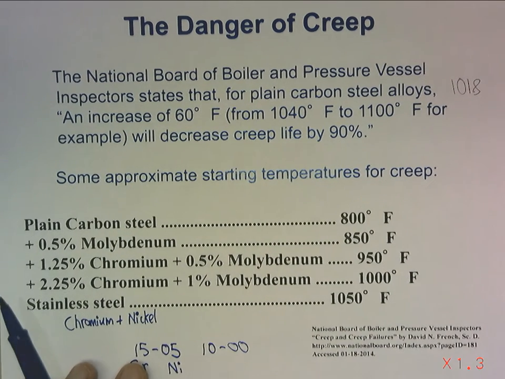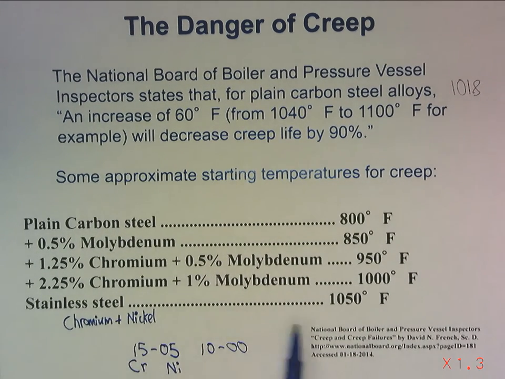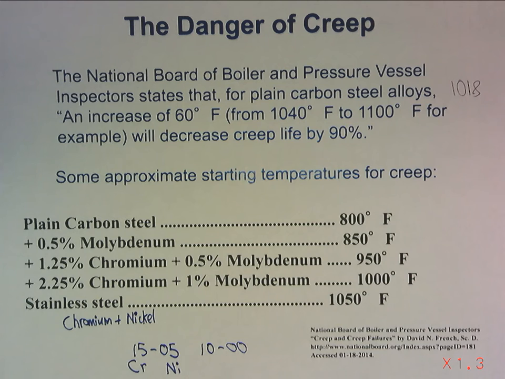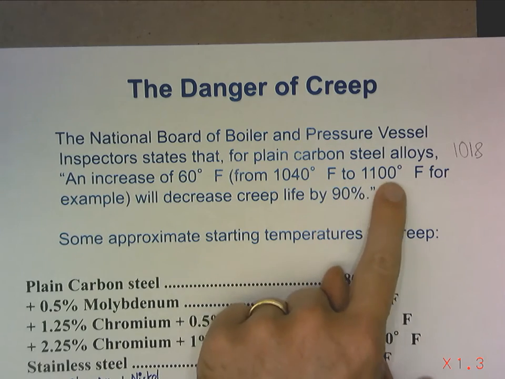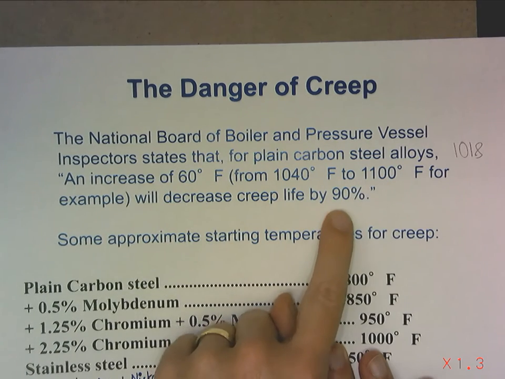So in full-blown stainless steel, literally silverware stainless steel that's maybe a 15.5 or a 10.5, you're looking at over 1,000 degrees before we're worried about creep. So that's significant, because we go back up to here, we start to reduce our concern for a rapid creep failure.